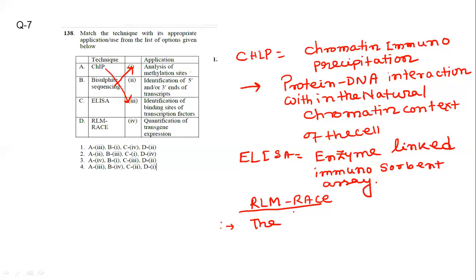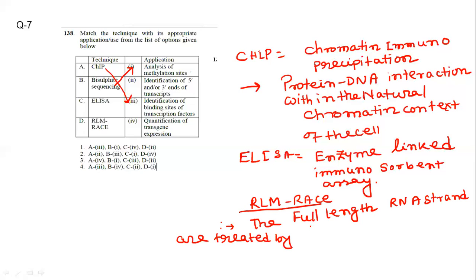The full length RNA strands are treated by TAP. TAP stands for tobacco acid pyrophosphatase.